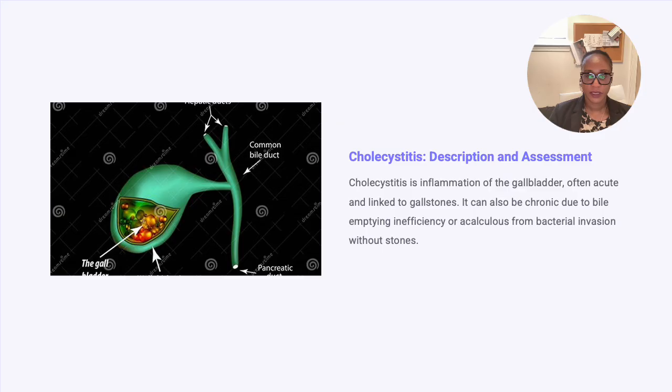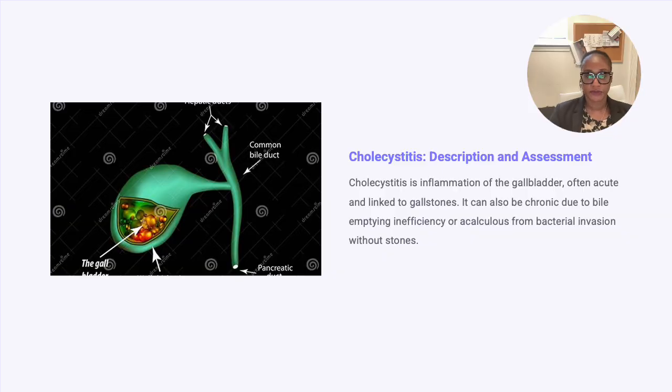So just some assessment that we could go over. Nausea and vomiting, indigestion, belching, flatulence, epigastric pain that radiates to the right shoulder or scapula, pain localized in the right upper quadrant and triggered by high fat or high volume meal, and then guarding, rigidity and rebound tenderness.